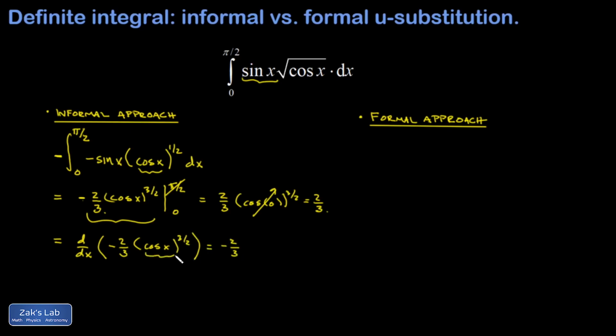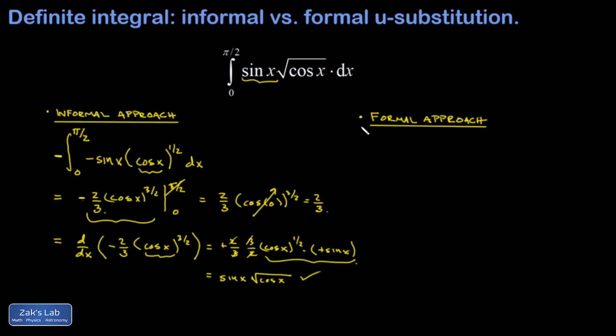Then treating cosine x like a single variable, I differentiate cosine to the 3/2 with respect to the cosine function, and that gives me 3/2 cosine to the 1/2. And then the chain rule says you've got to tack on the derivative of the cosine function with respect to x, which is negative sine x. Minus signs cancel, 2's cancel, 3's cancel, and I'm left with what I started with, sine x square root cosine x. So I know my antiderivative was correct.